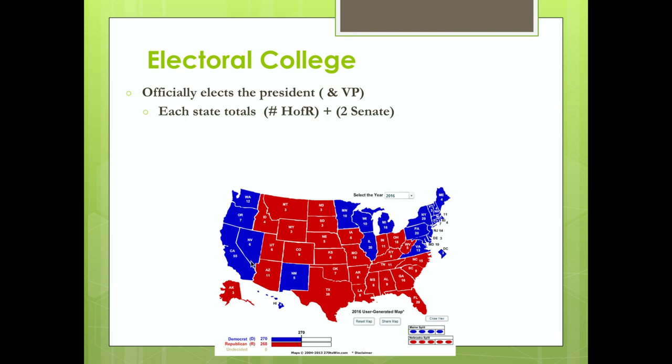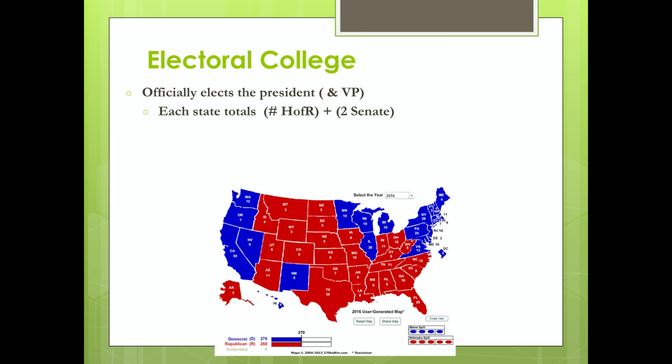Now, you can also see that some states carry a lot of weight, like California. California gets to cast 55 electoral votes, which means that they have 53 members in the House of Representatives. And remember, the House of Representatives is based on population, and everyone gets 2 senators.